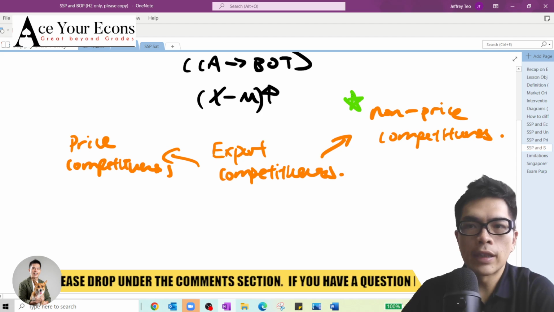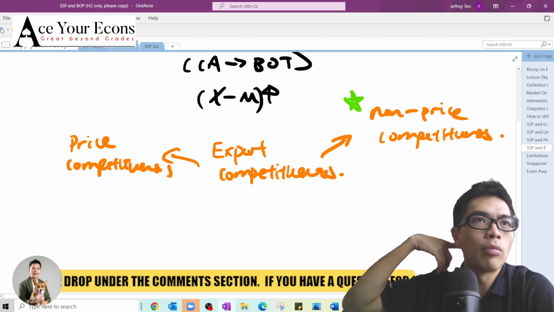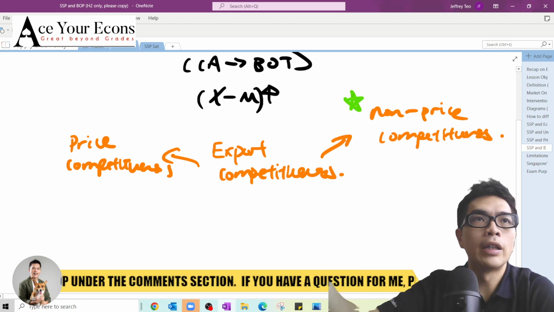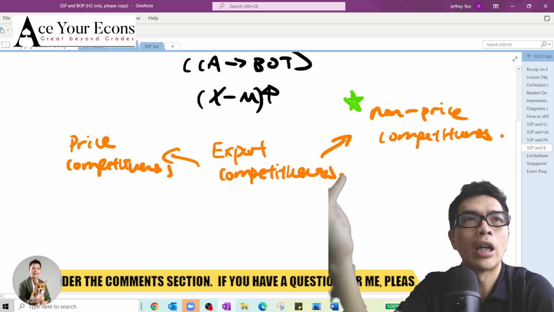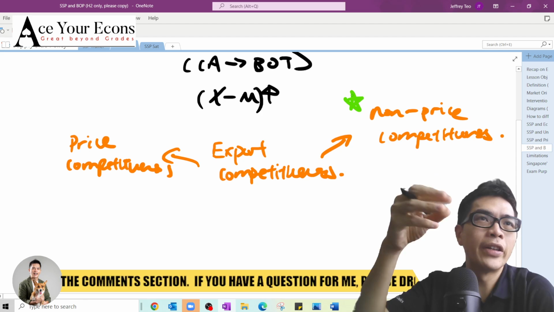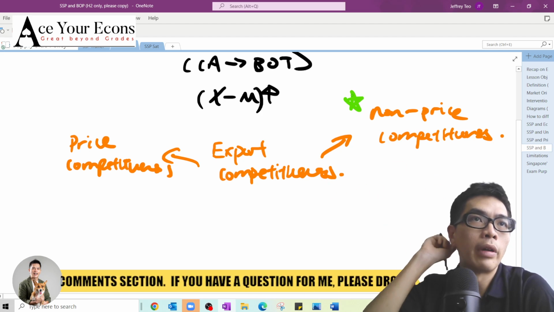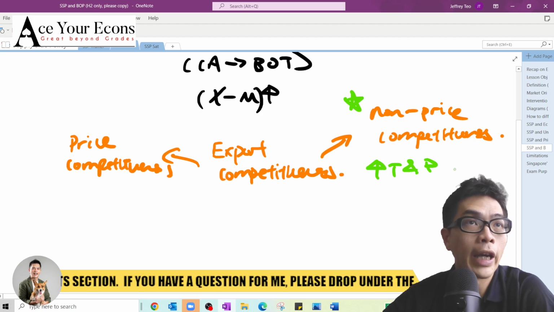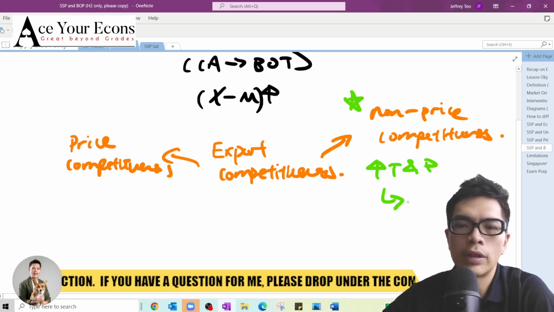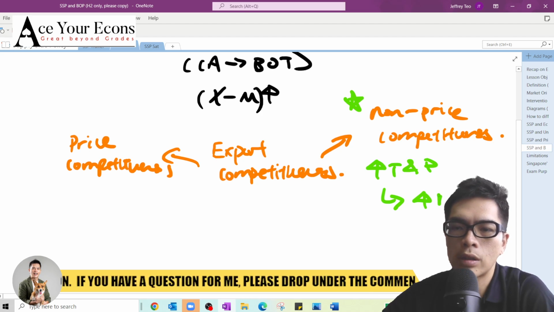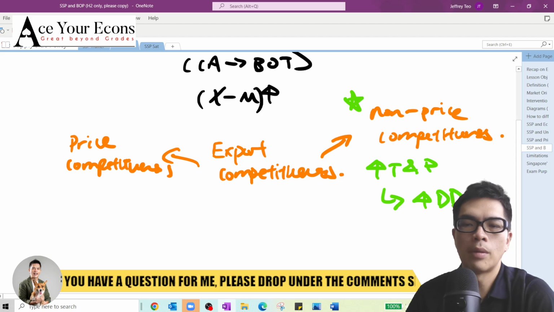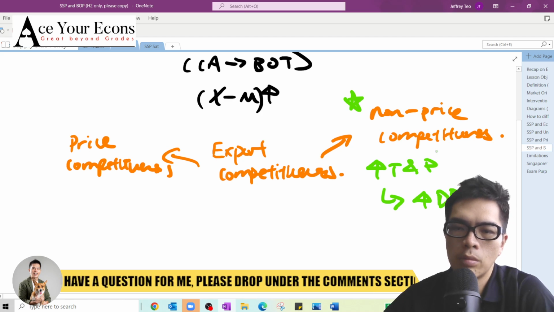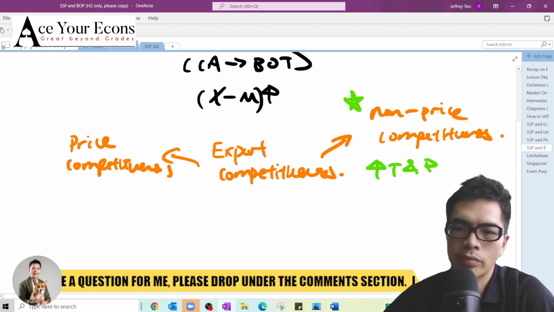So for instance, when the economy is more productive, through R&D to produce a specific new kind of good, or a better version of the export, this will drive up the taste and preference of the export, and this will result in higher demand for exports. My head is blocking, right? Maybe I'll just reverse the arrow.